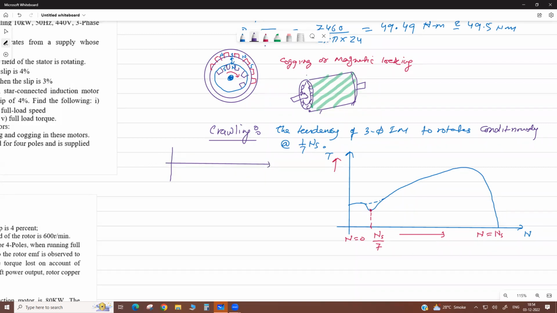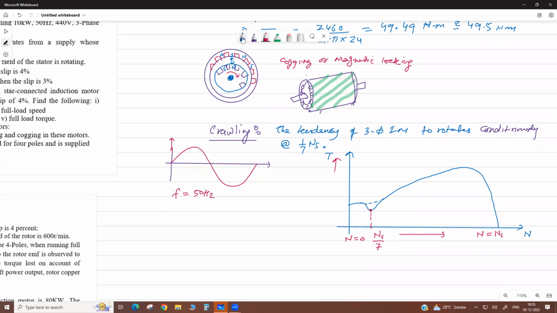If you see a pure sinusoidal AC waveform, it has a fundamental frequency of 50 hertz, meaning 50 cycles per second.